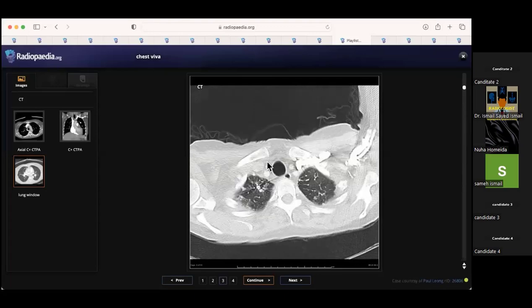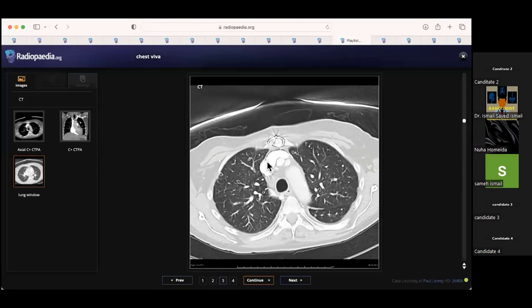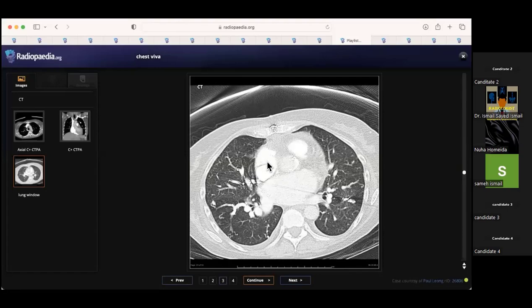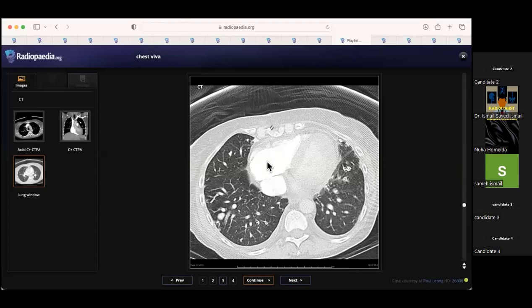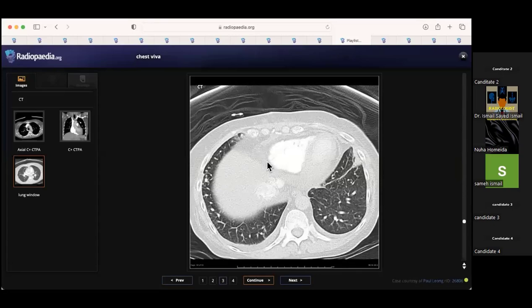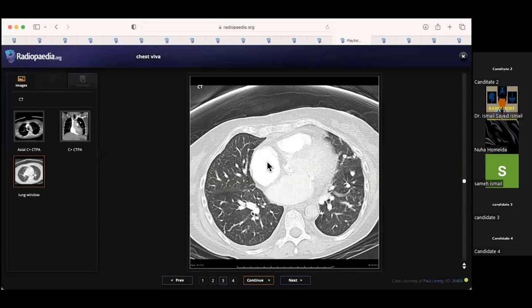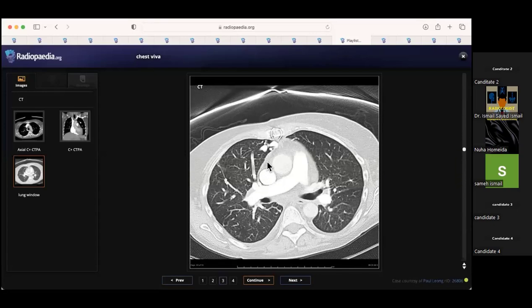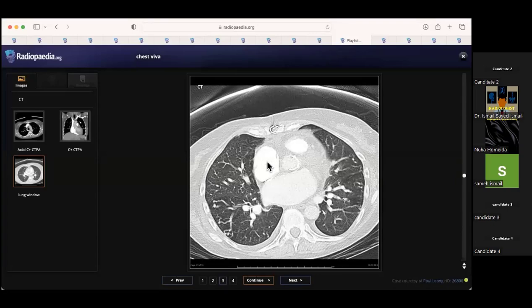I want to see the right lower lung lobe, if possible. I can see tortuous blood vessels with a feeding artery and draining vein, consistent with AV malformation.